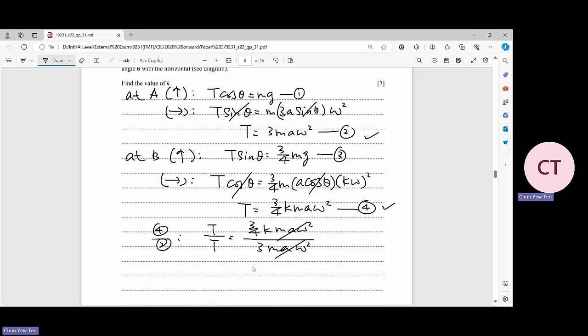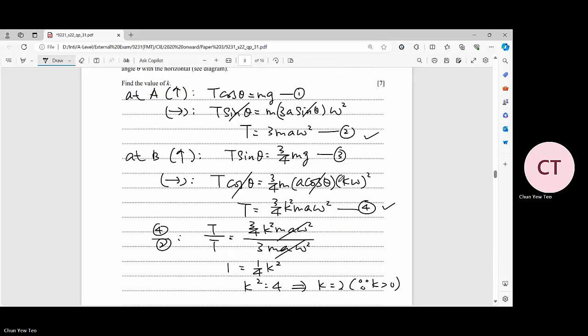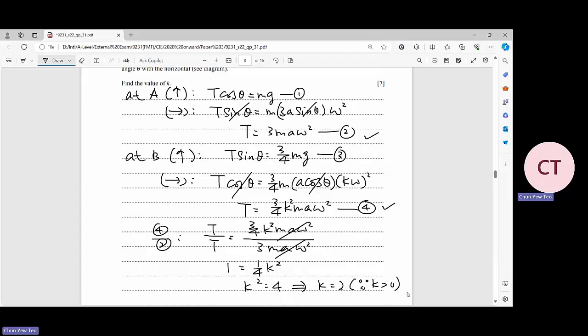So ma omega squared cancels. You have 1 equals 1/4. Oh, I forgot to square it. This is k squared. So your k squared equals 4, that means your k is equal to 2. Your k is positive. So that's all. Find the value k. Yeah, done. Okay, so this will be the answer for question number 5.